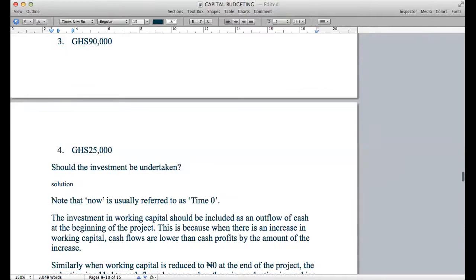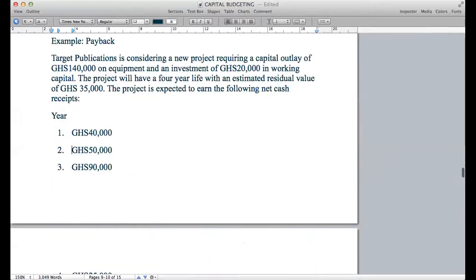Let me see if I can do something about it. Yes, it's 25,000. Okay, let me copy it and paste it here again.